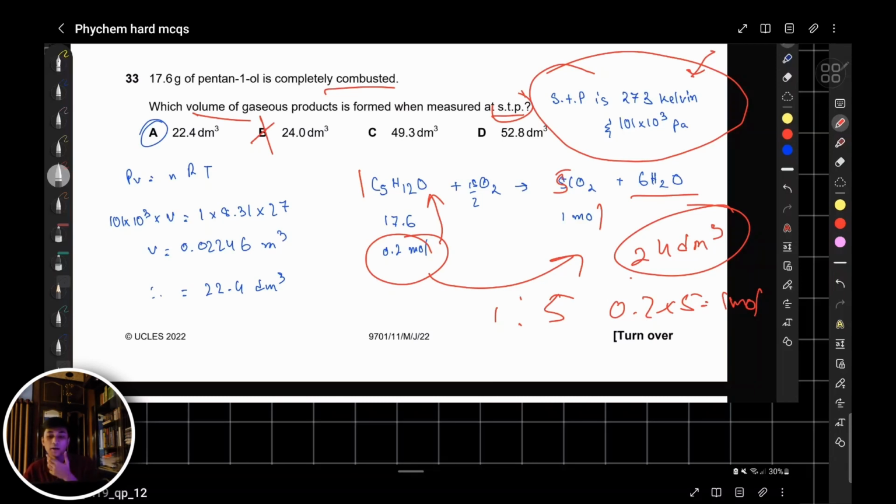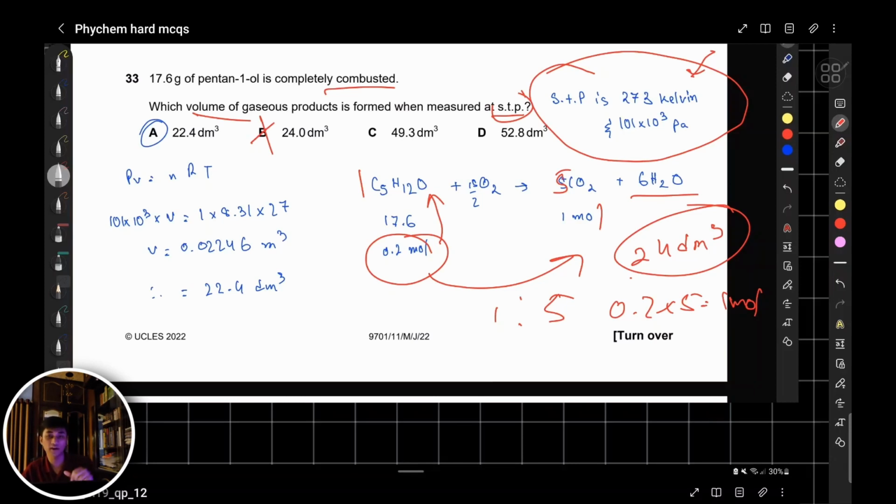I don't really remember. But RTP is different from STP, and you have to consider that when plugging it into the PV equals nRT equation. You could have guessed since it is 1 mole, it's going to be 24 dm cube, but that's not right since they have mentioned standard temperature and pressure, which is different from room temperature.